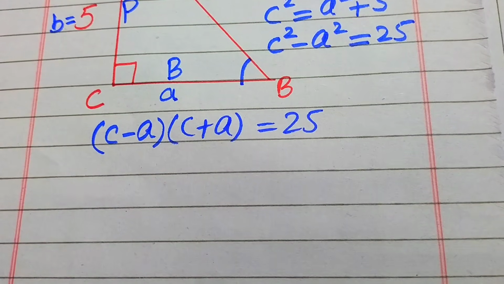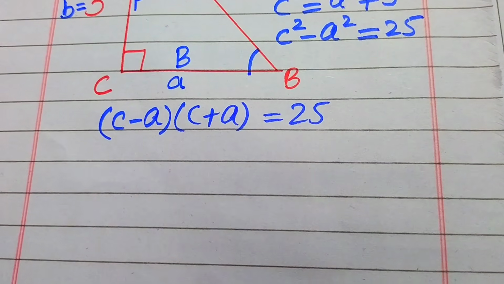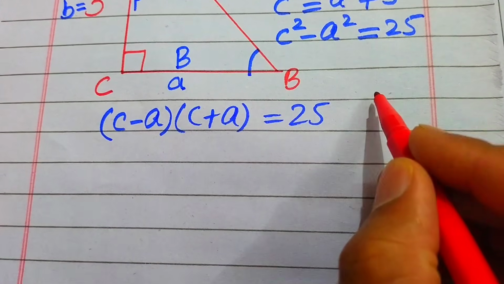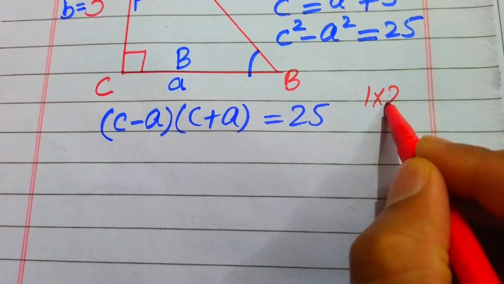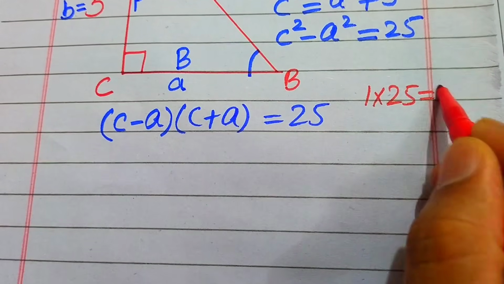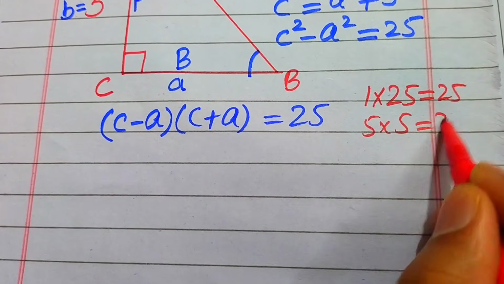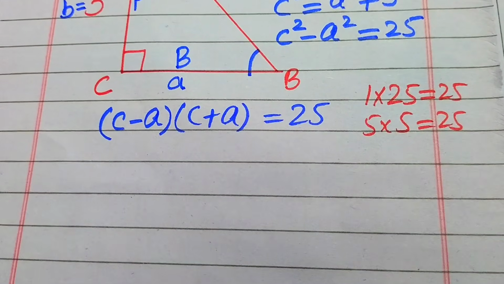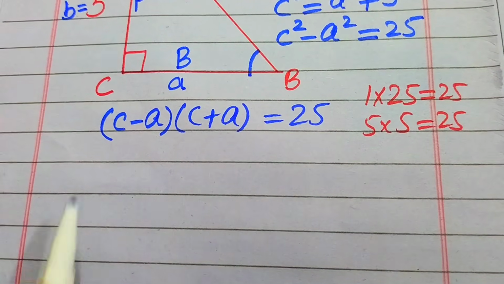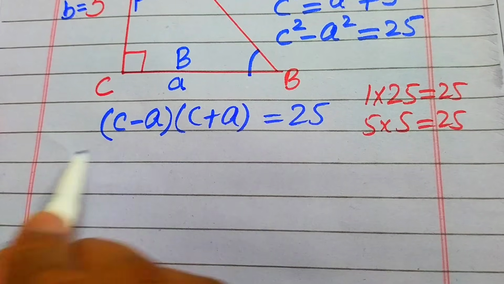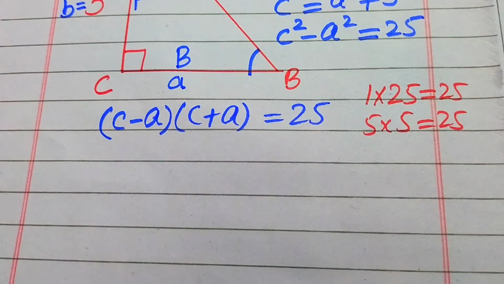So first we need to find any two positive integers whose product is 25, and there are two possibilities: 1 times 25 is 25, and 5 times 5 is also 25. In the next step, we divide this equation into two cases.